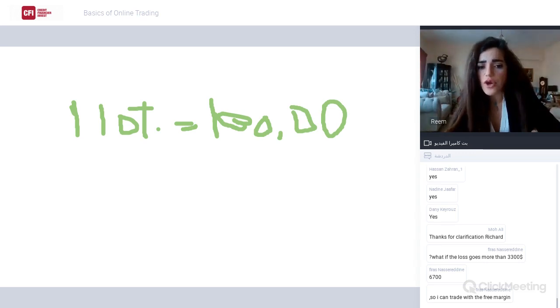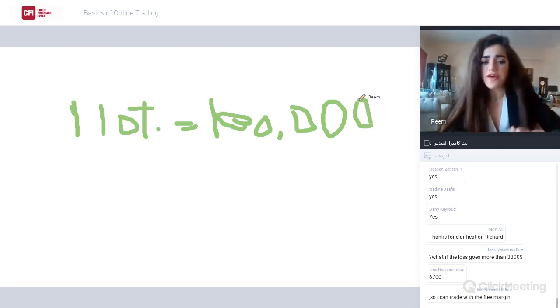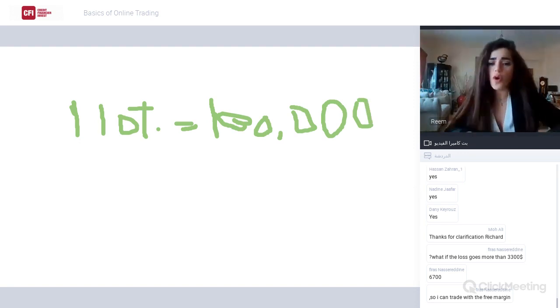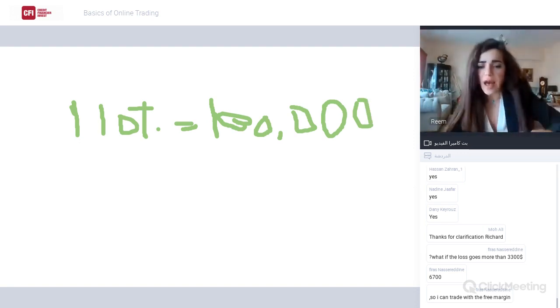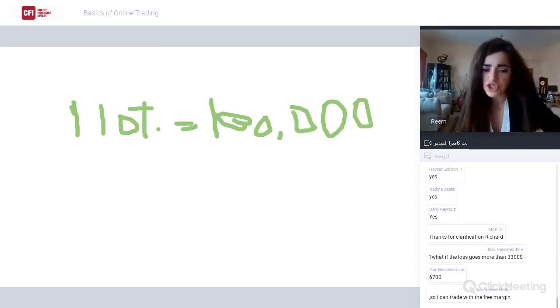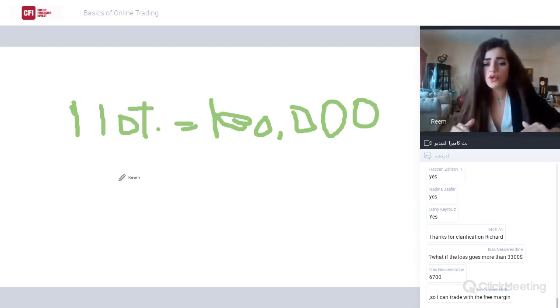At the moment, your free margin is 0, and your equity is equal to your margin. In this case, you have 100%. At this point, usually you decide with your broker if at 100% you want to open an opposite position, a counter position. Let's say if you're buying, we open in front of it a counter position because you don't want to lose.